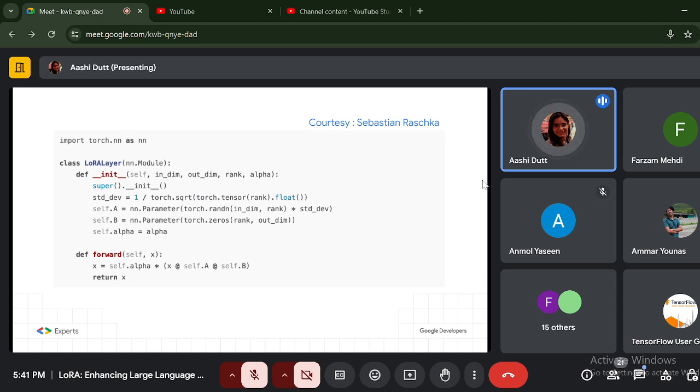This can be seen as a way to regulate the impact of low rank adaptation on the layer's output. So if you want more regulation or more impact of LoRA on the output layer, then you can increase the value of alpha. Otherwise, there is no need. So x becomes alpha times x into A into B, and you return x.